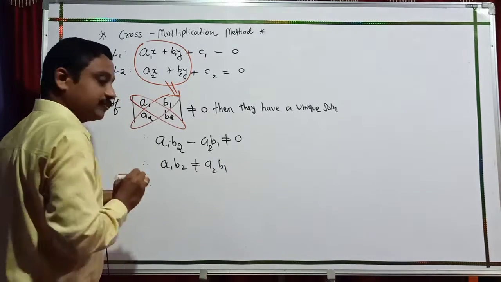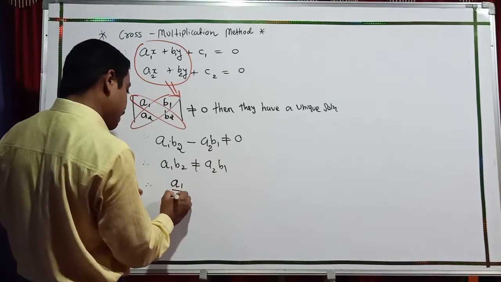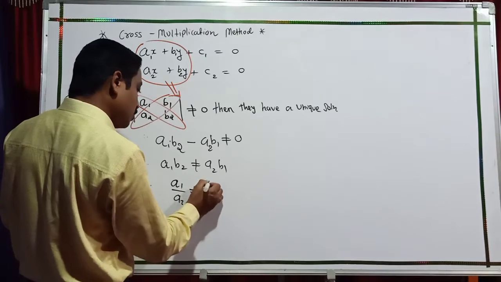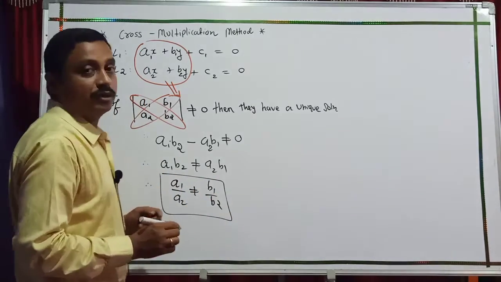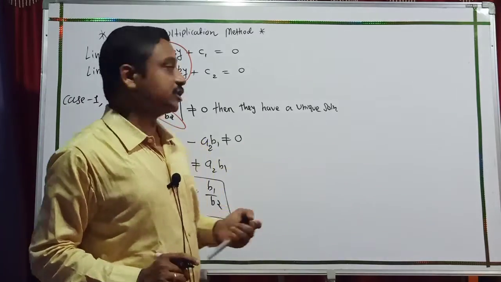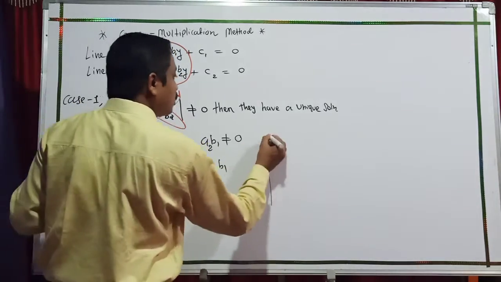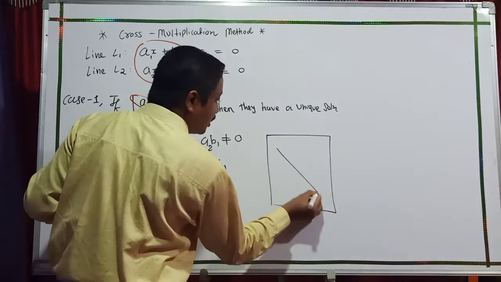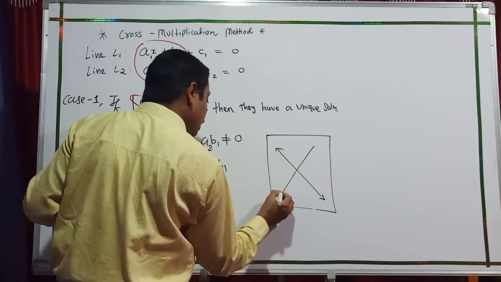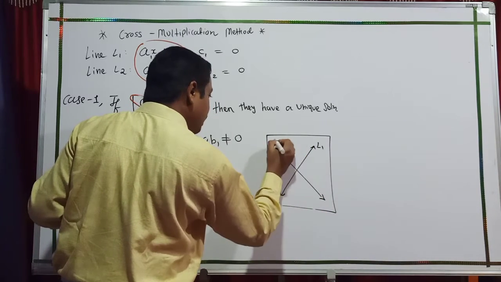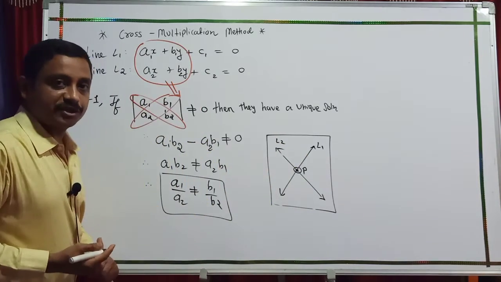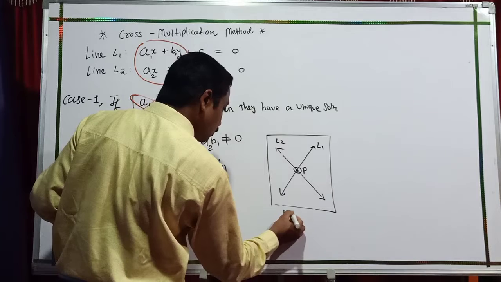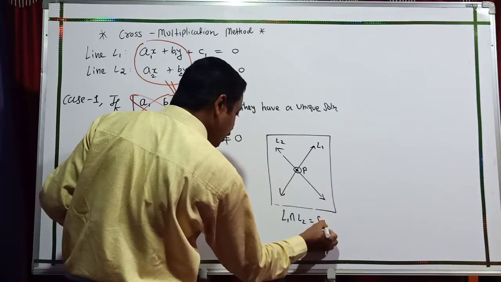It means this condition is derived: a1 by a2 is not equal to b1 by b2, and you apply this condition whenever you get the unique solution. Unique solution means two lines intersect each other at one and only one point, L1 and L2. This point is our P, the intersection point. So L1 intersection L2 is the point P.